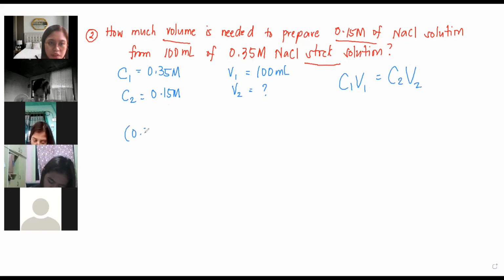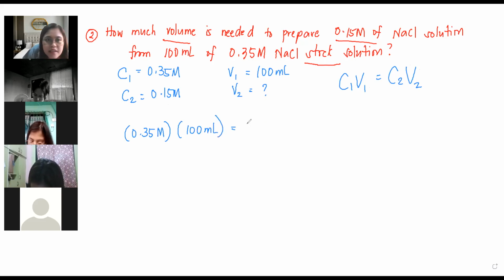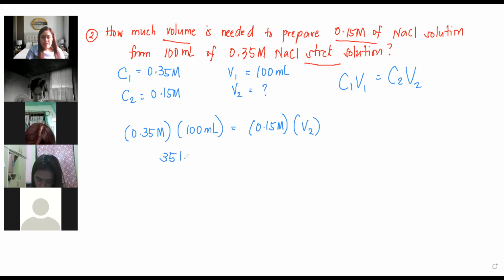So 0.35 M times V1 is 100 ml. And then C2 is 0.15 M. And then the volume is unknown. So pwede din siyang ganito. So 0.35 times 100 is 35 M times ml.